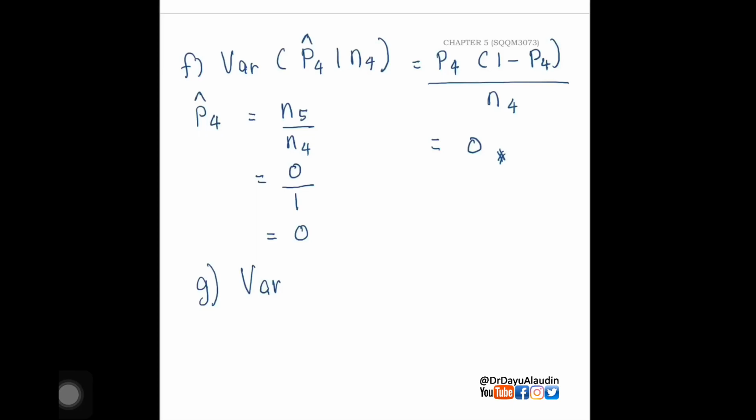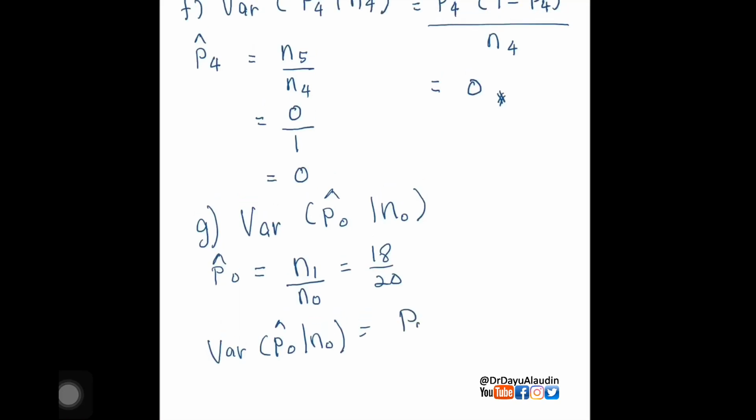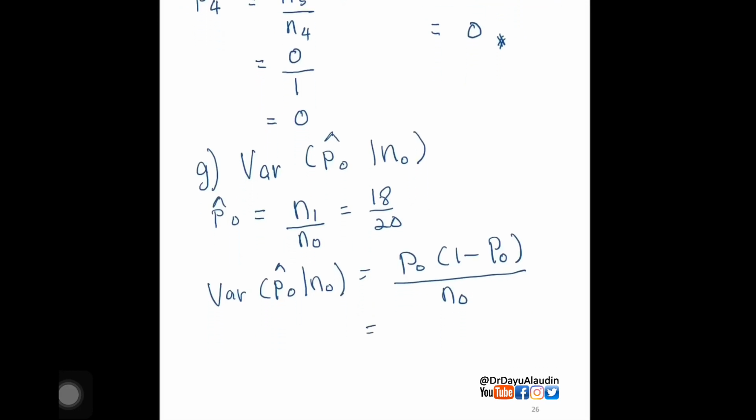Variance of probability at t equal to 0. So still the same thing. So P0 is N1 over N0 equal to 18 over 20. And then you substitute in the variance. It would be P0 times 1 minus P0 over N0.